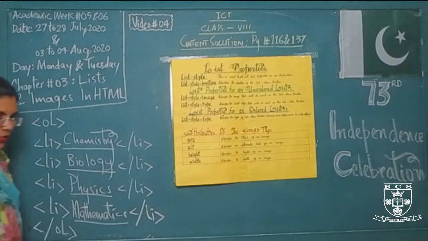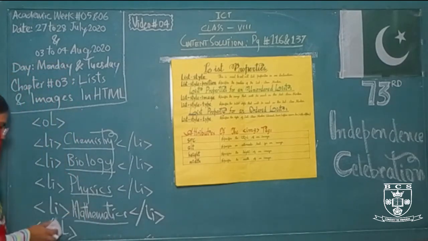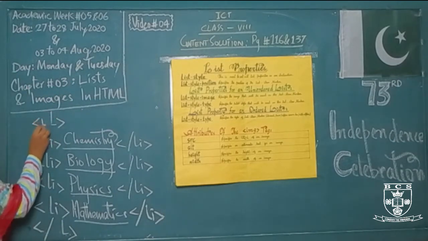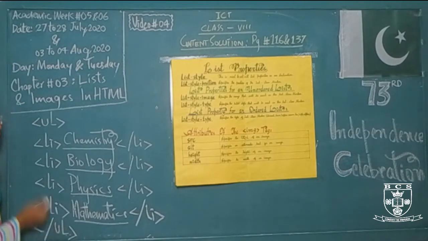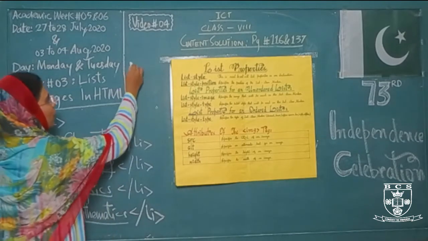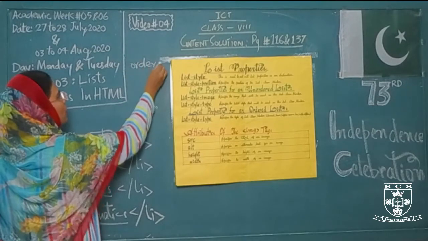So likewise, if you don't want to use the ordered list, you will convert these tags to UL, and your list will appear as an unordered list. Whenever we are talking about the ordered list, in an ordered list there are particular list item markers.